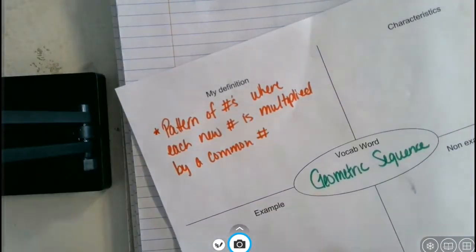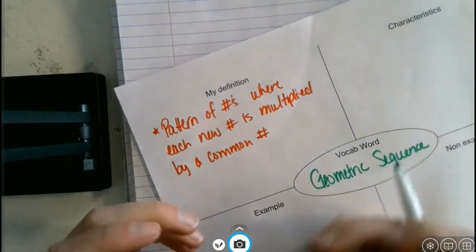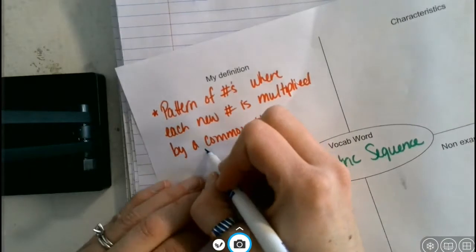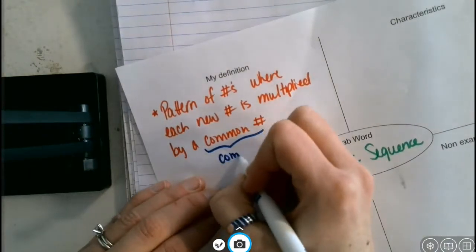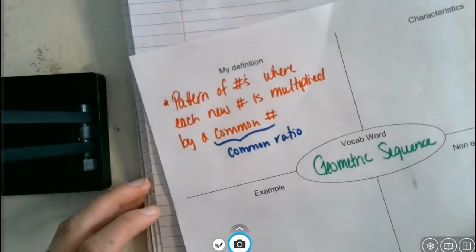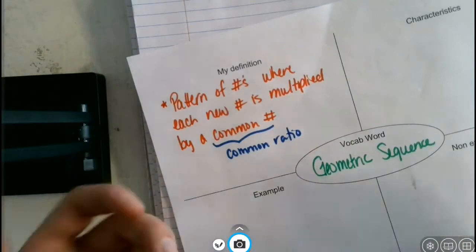Then in my notes right here, I'm going to give myself a little note because that common number is actually something important. That's another vocab. That common number is a common ratio. So that's kind of my definition. It's a pattern of numbers where each number is multiplied by a common ratio.